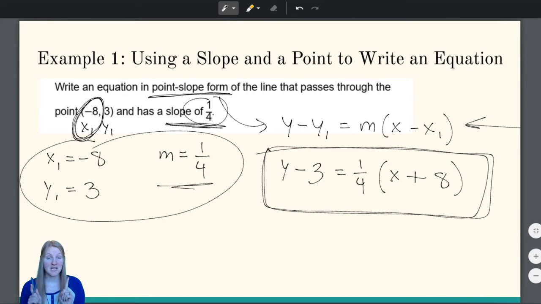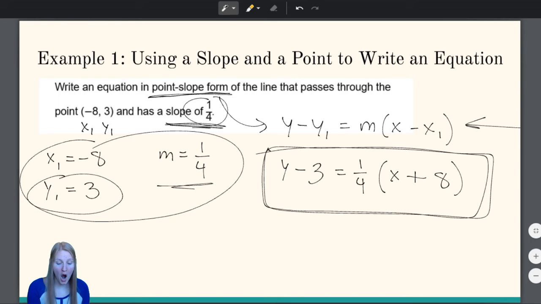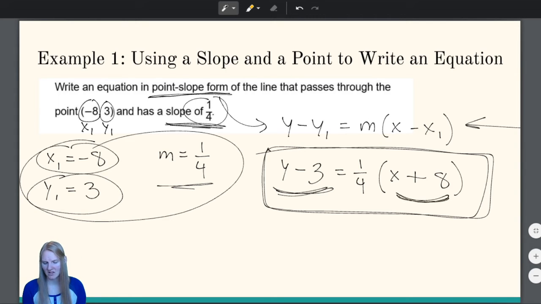Now, one thing I want to point out is that y1 is positive 3, but we have y minus 3. And x1 is -8, but we have x plus 8. And yes, it is true that it should be the opposite. Because I'm taking y minus y1, if y1 is positive 3, I have y minus 3.